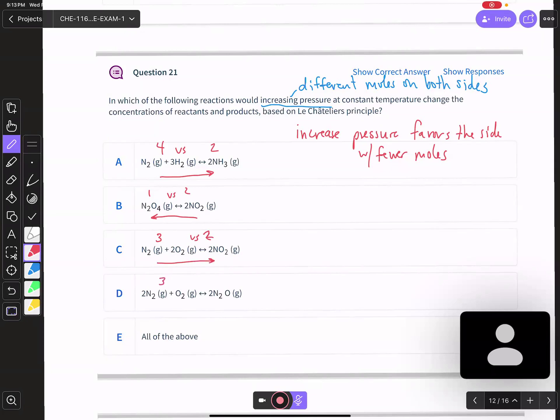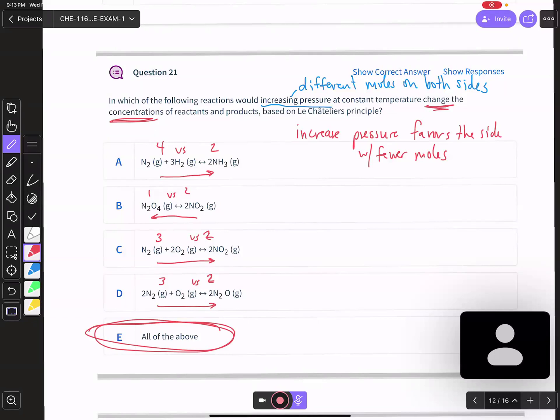And then I've got 3 moles versus 2 moles again. So increasing pressure would shift that equilibrium to the right as well. And so because it's only asking for a change in concentration and not asking directionality, all of these reactions, the equilibrium would be impacted by a change in pressure.